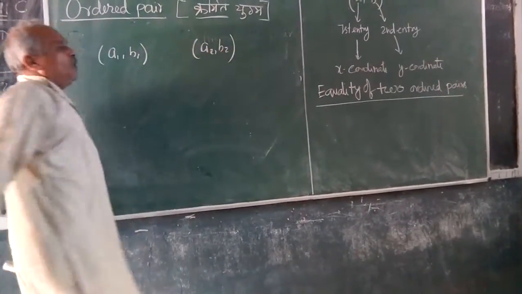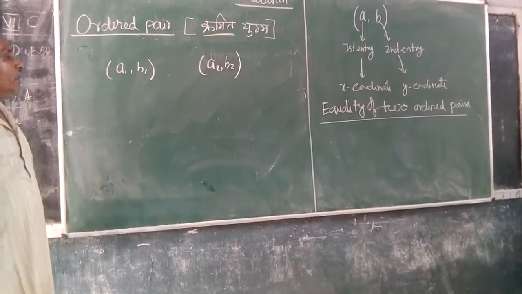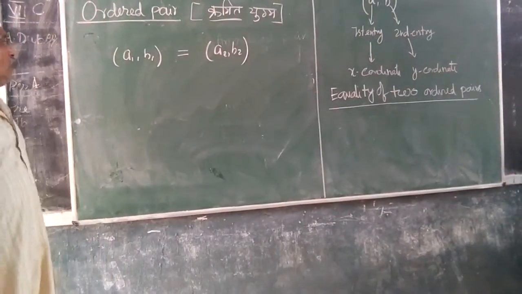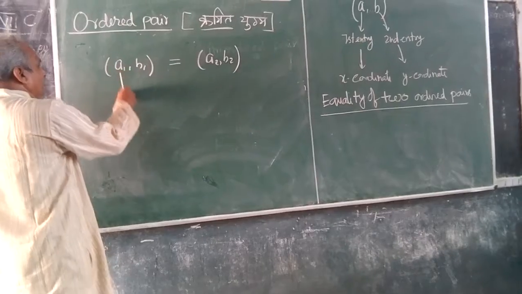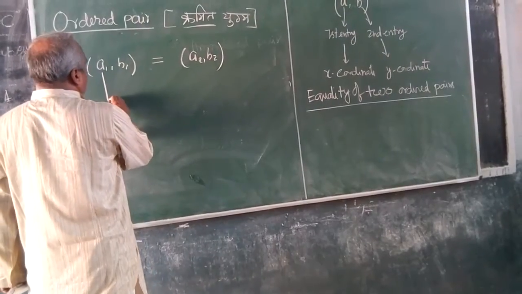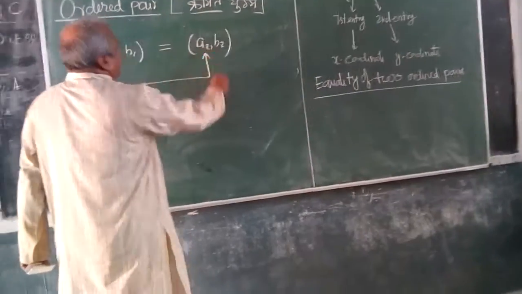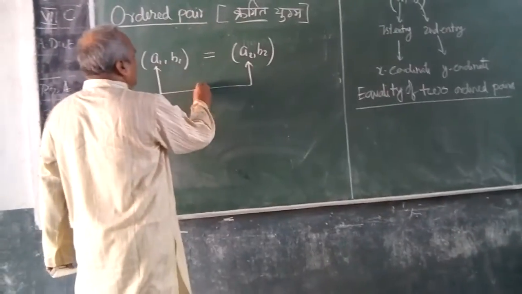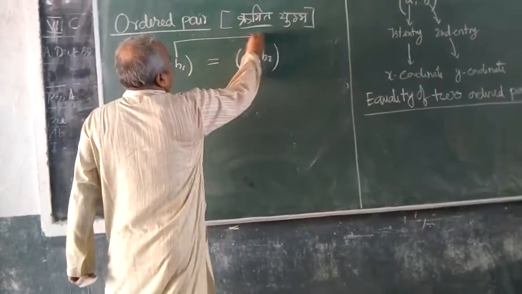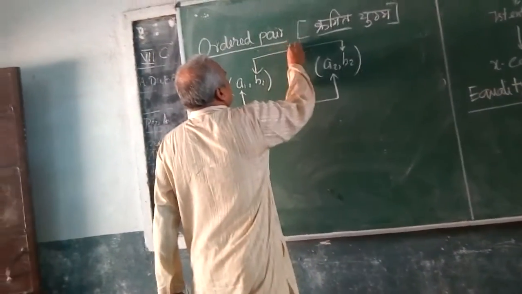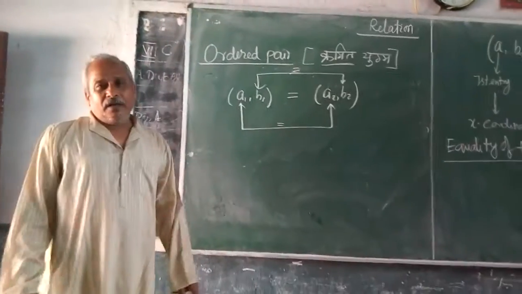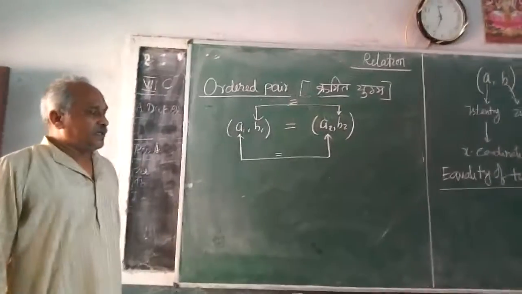Let these be the two ordered pairs. These two ordered pairs will be equal if the first entry of the first ordered pair is equal to the first entry of the second ordered pair. Means A1 equals A2 and B1 equals B2. Okay, this is the definition of equality of two ordered pairs.